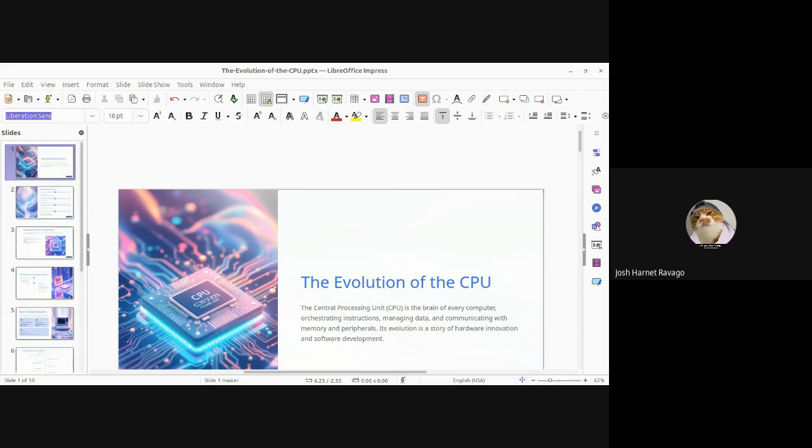We also have the clock speed, which determines the instruction execution rate. Early CPUs were in the kilohertz and megahertz ranges only, but now the clock speed is in the gigahertz range.